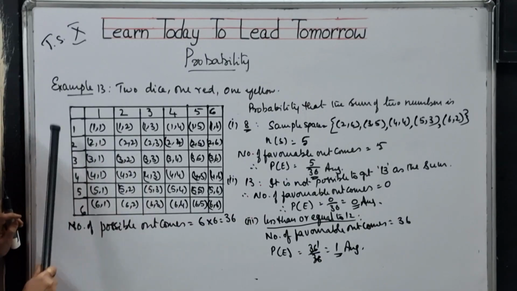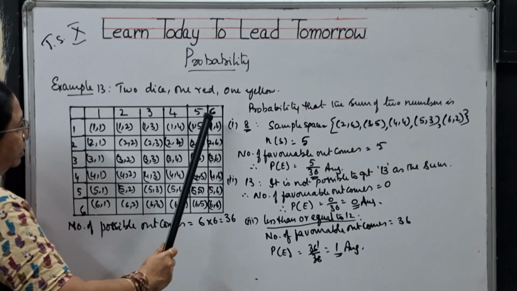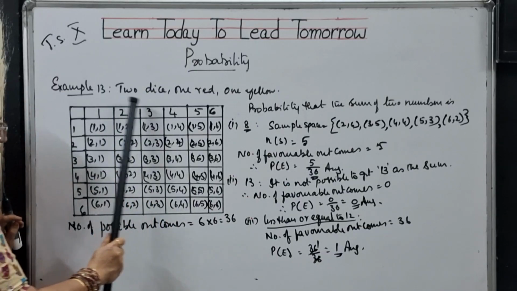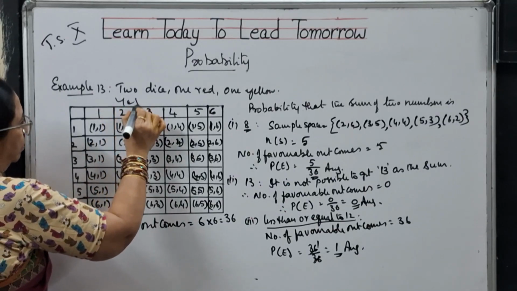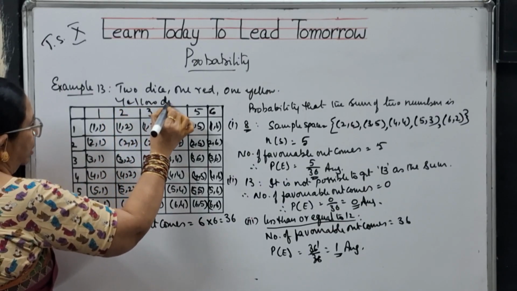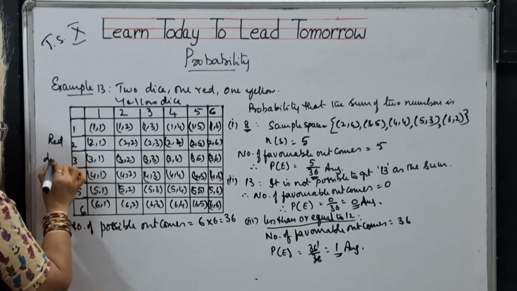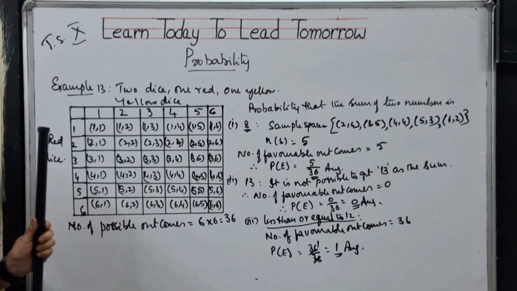To write all possible outcomes, we need to draw this kind of checkerboard where 1 to 6 are the outcomes of the first dice. This is maybe yellow here. I'll write yellow dice. These are yellow dice ones, and this is red dice. So 1 to 6 red dice, 1 to 6 yellow dice.